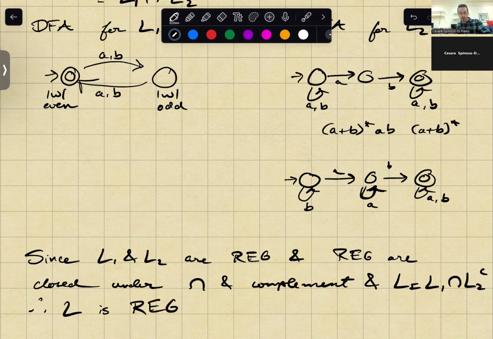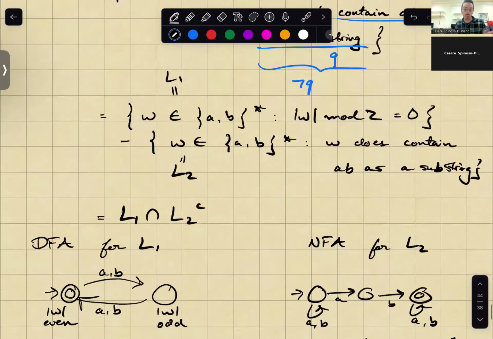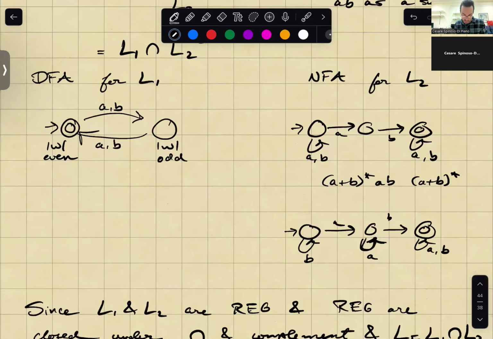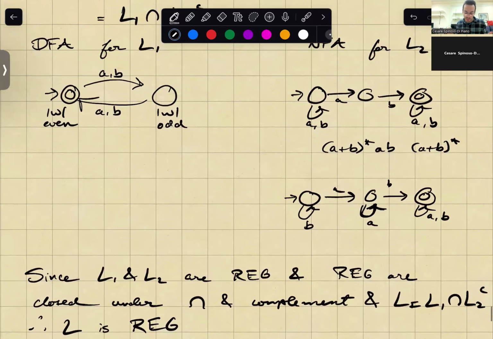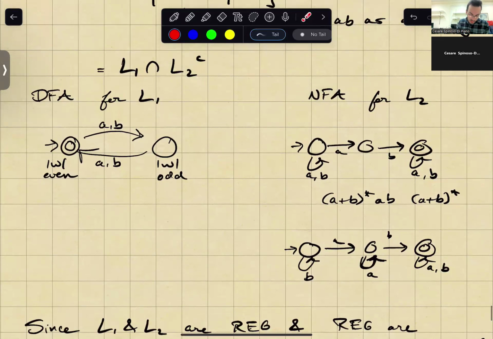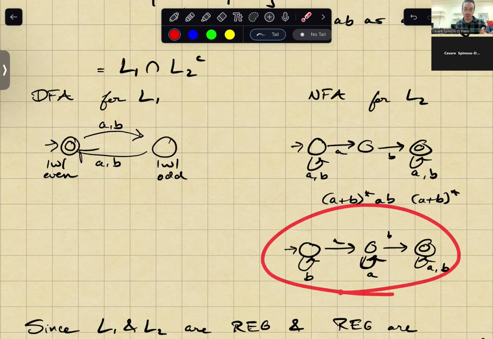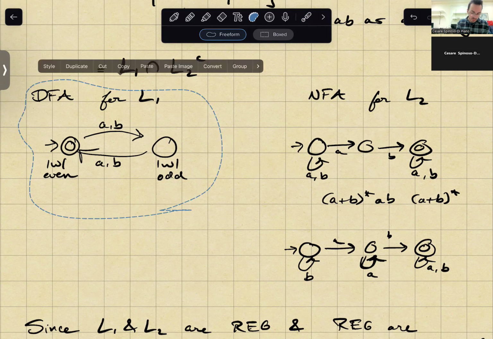Okay, and just FYI, this kind of concludes it. You could have concluded here and gotten full marks if that was the question. Just out of curiosity, what would the DFA have actually looked like? So we can actually construct it from this DFA and the complement of this DFA, right? So let's use the product construction, just for fun.